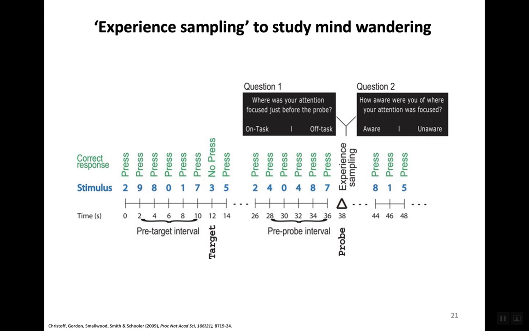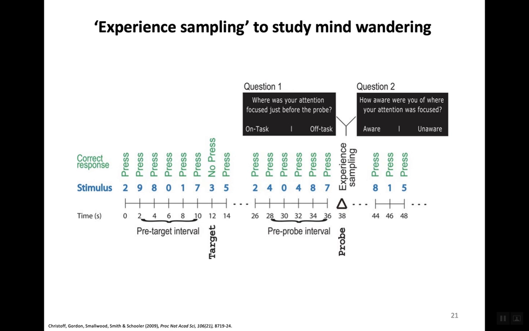Fortunately, Christoff and colleagues in 2009 came up with a much better way, a more natural and more intuitive way to look into these issues. What they did, and this is quite common nowadays for this type of question, is present participants with rather boring, uninteresting stimuli, which are likely to induce naturally a state of mind wandering in participants.